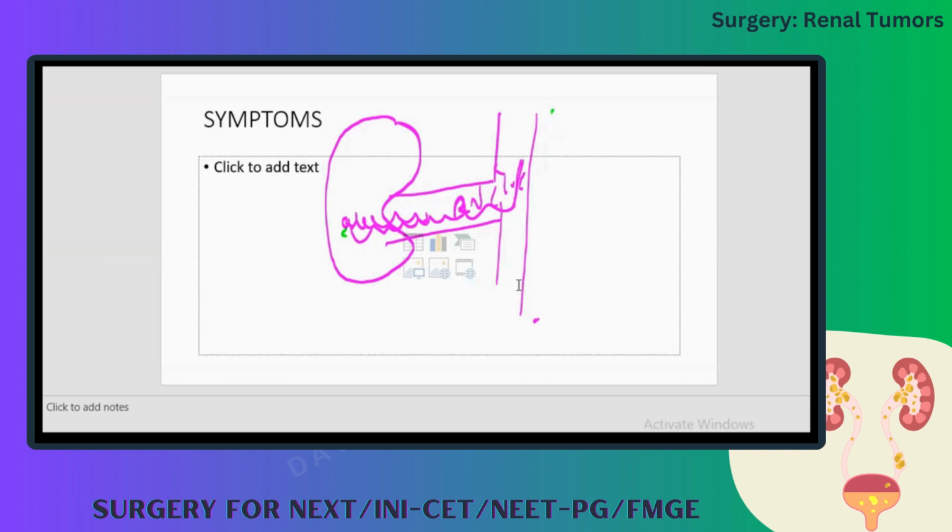Diagnosis can be done with the investigation of choice as CECT, which is 95% accurate.